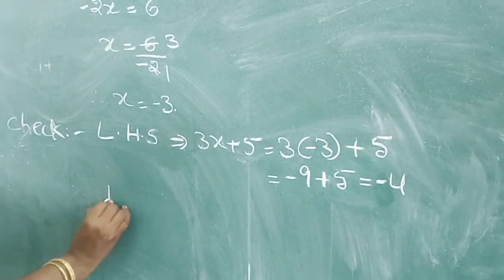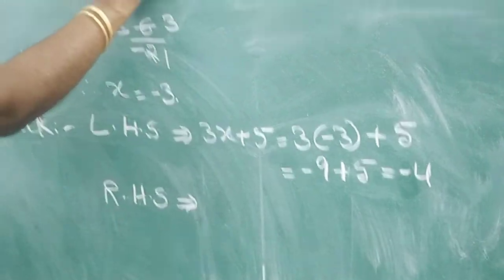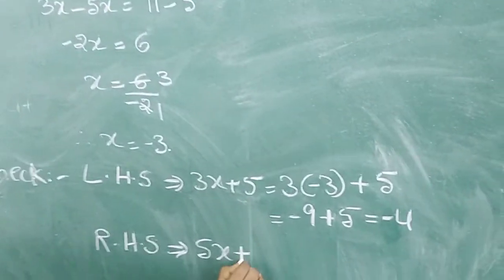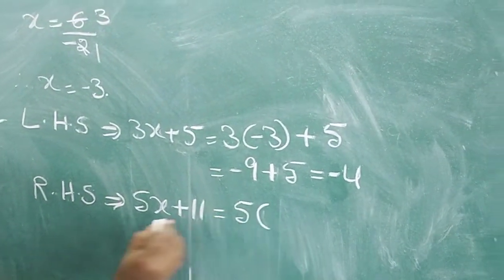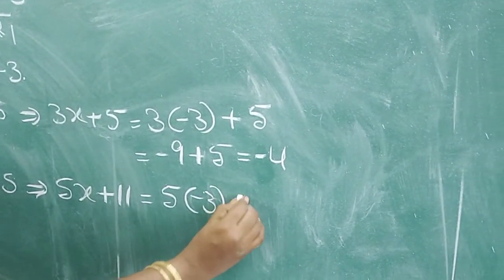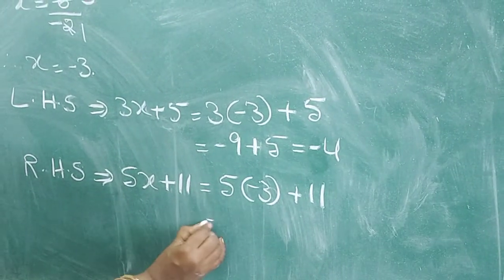To find the RHS, 5x plus 11, that is 5 into the x value taken as minus 3, plus 11. 5 threes are 15.